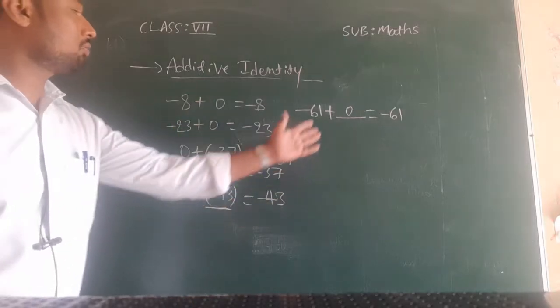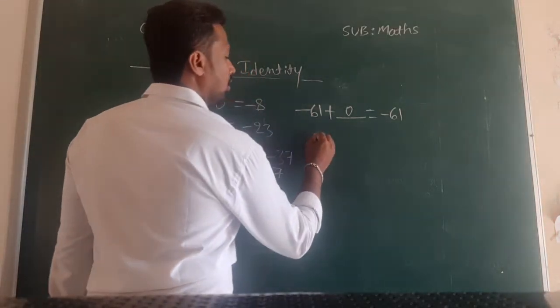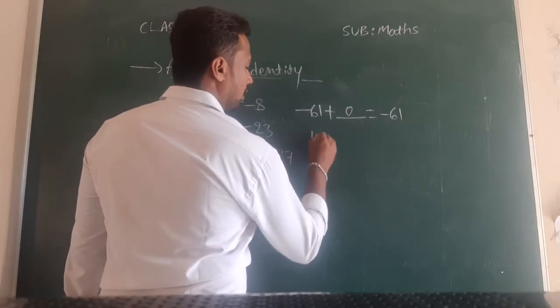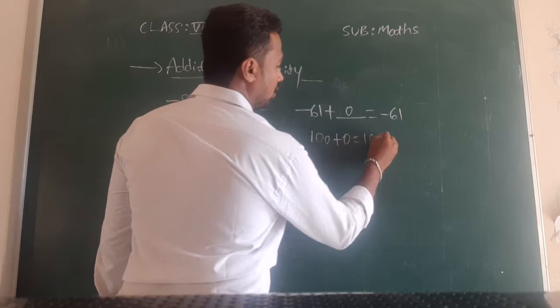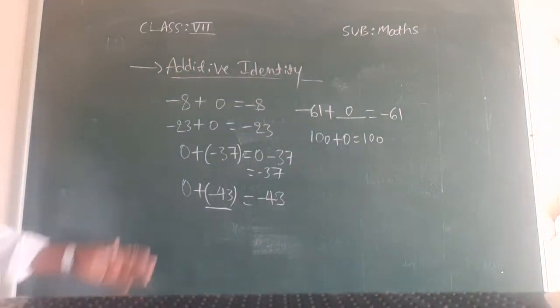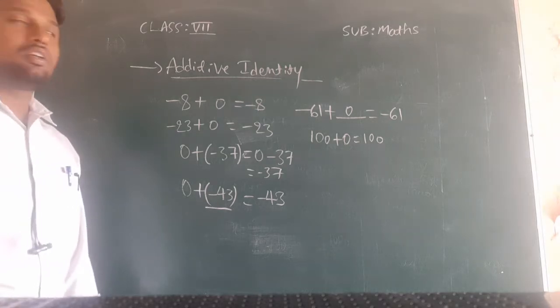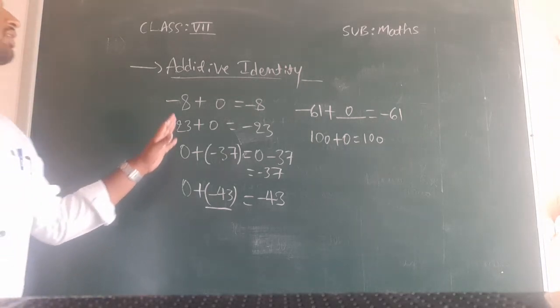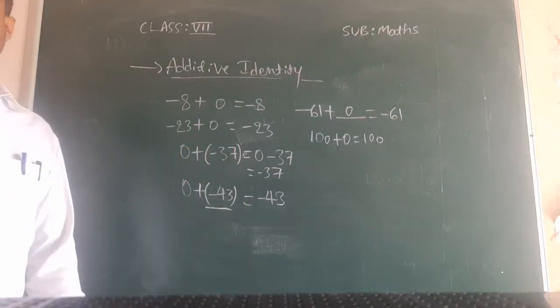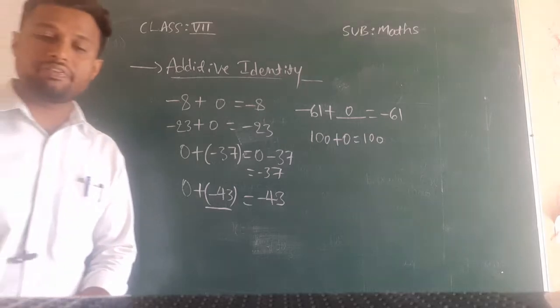Here all these examples are related to negative integers, so I will consider one more example. 100 plus 0 means we get 100 only. So whether it is a negative integer or a positive integer, when you add 0 with that, you will get the same integer value. Therefore 0 is called the additive identity of integers.